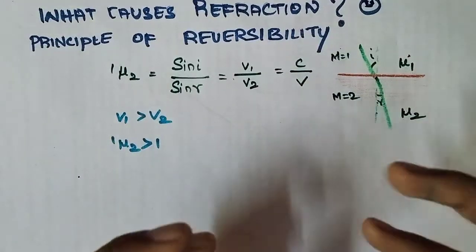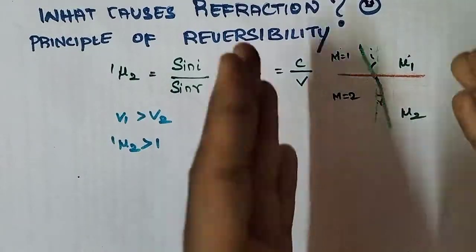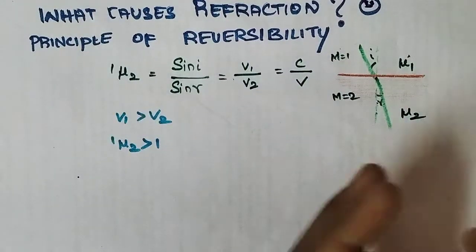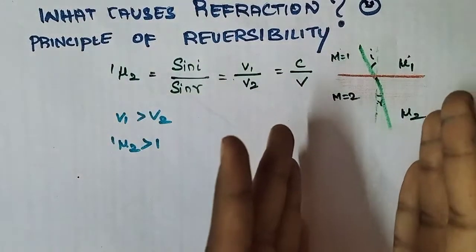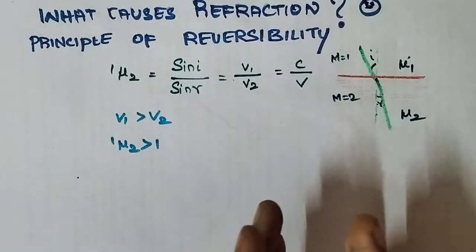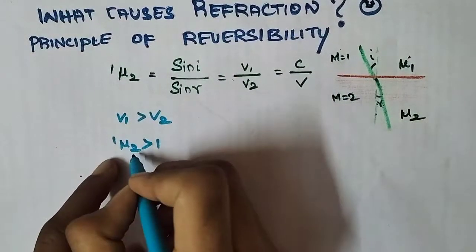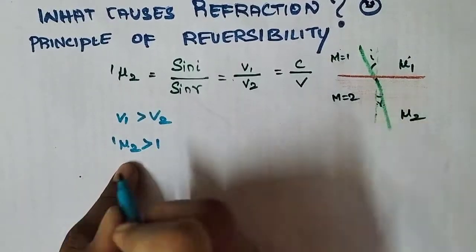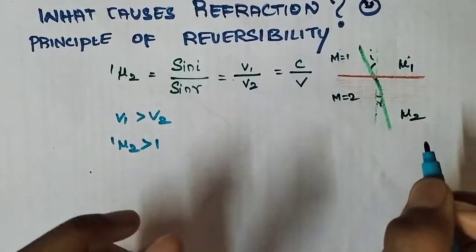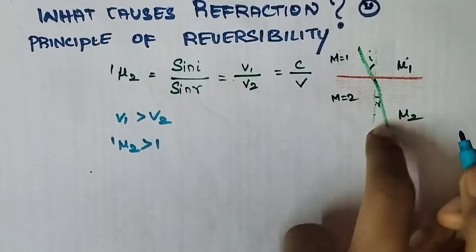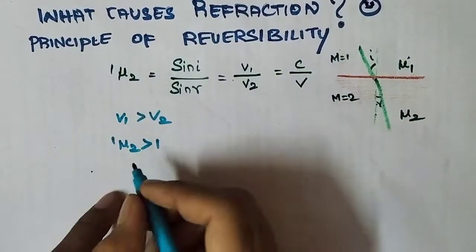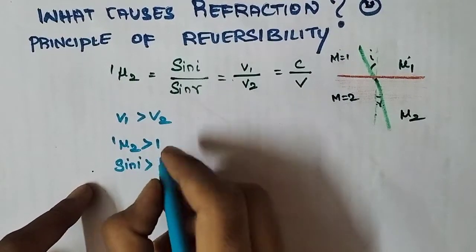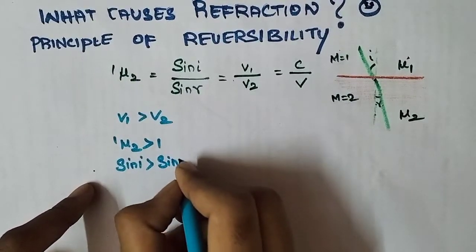If the speed is increased, then it moves away freely from the normal. The speed is reducing, so it's slightly coming to the normal. That's it. So nu2, that is this refractive index, is greater than 1. So the speed reduces, and then sin I will be greater than sin R.